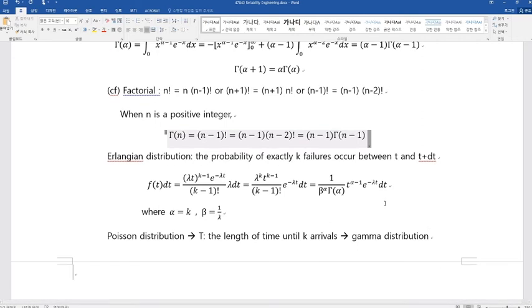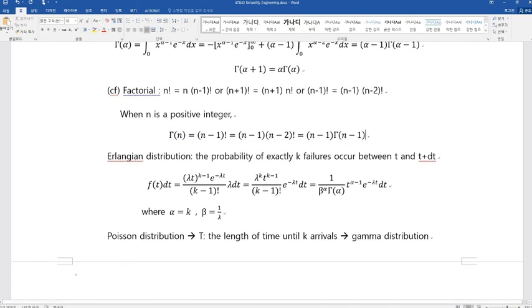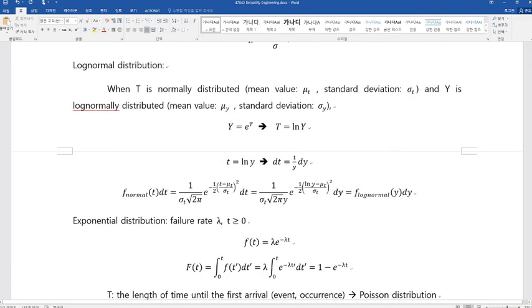So the general form of the equation is very similar to the one that we used in the exponential distribution.